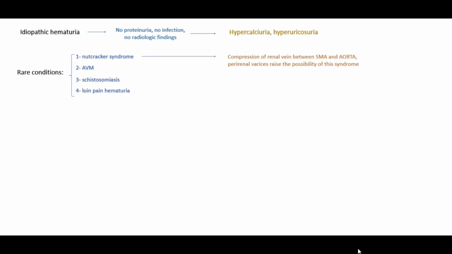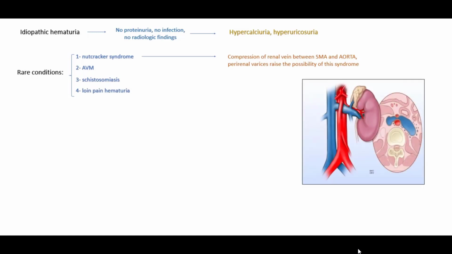Also we have some rare conditions such as Nutcracker Syndrome, AVM or arteriovenous malformation, schistosomiasis, and loin pain hematuria. But what is Nutcracker Syndrome? Compression of the renal vein between the superior mesenteric artery and aorta, and also pelvic varices raise the possibility of this syndrome.